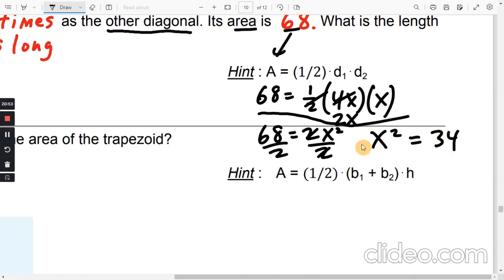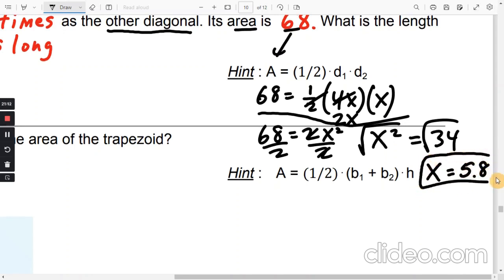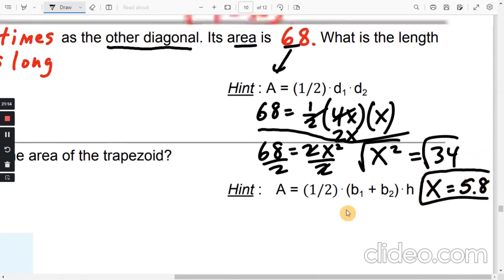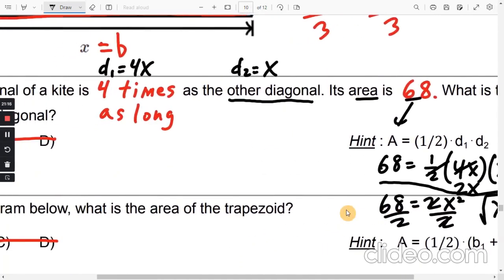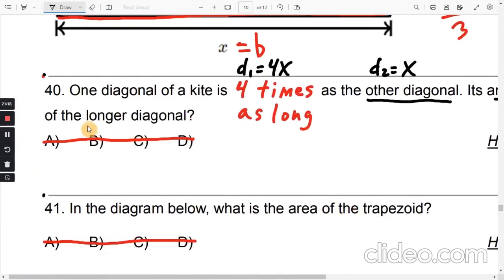The opposite of squaring something is to take the square root. So the square root of 34 is just 5.8. But I did ask for the longer diagonal.